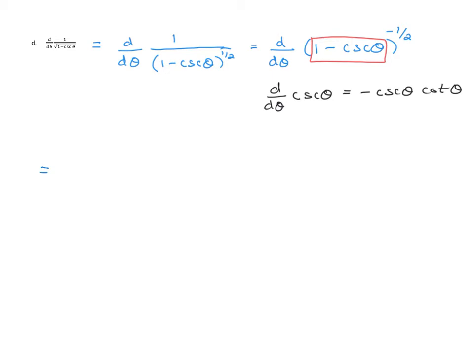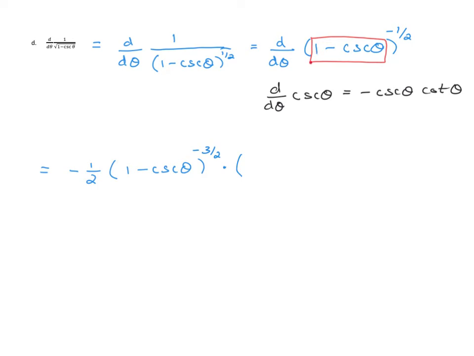We would bring down the negative 1/2, so we get negative 1/2. Copy down the inside part. Subtract 1 from the exponent. Okay, so 1 from negative 1/2 is negative 3/2. By the chain rule, I multiply by the derivative of 1 minus cosecant theta.